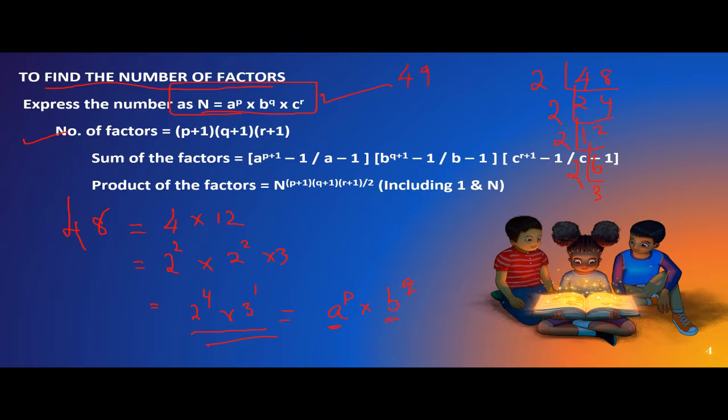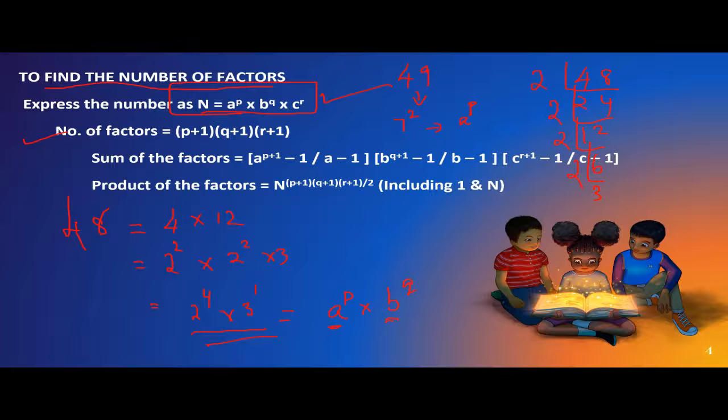So 49, you can't write like 1 into 49. So you will just have to write 7 square, and 7 of course is a prime number, which is just in the form of a power p. So that's what I'm trying to say. Not necessary that you have to have a, b and c in all the cases. You can even stop with a alone or b alone or c alone, or even extend with d power s and so on. So it just depends on the numbers.